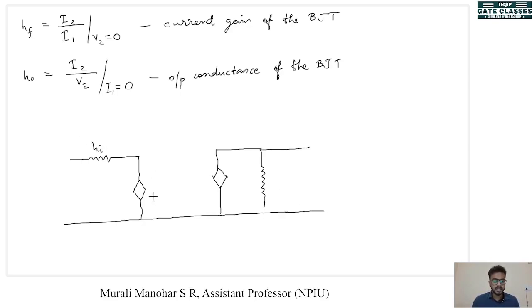This is HI. This is the voltage controlled voltage source HR into V2, and the direction will be like this. Now the current controlled current source HF into I1, so it will be like this, and this is HO. Here we have our V1, here we have our I1, V2 and I2.